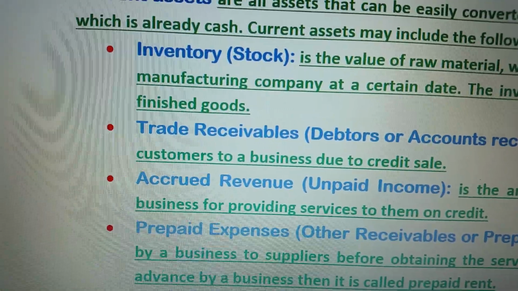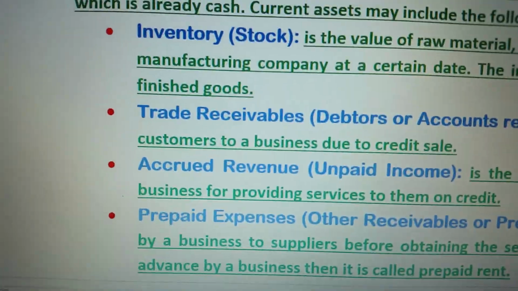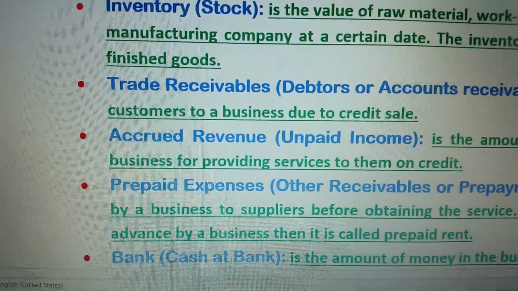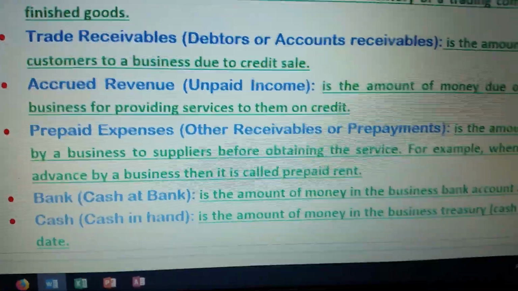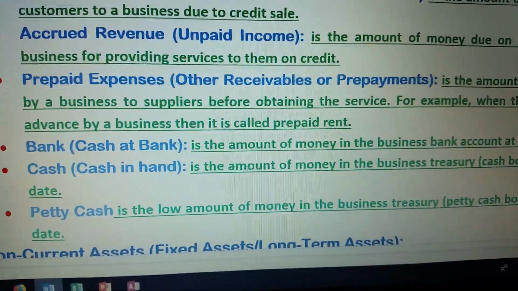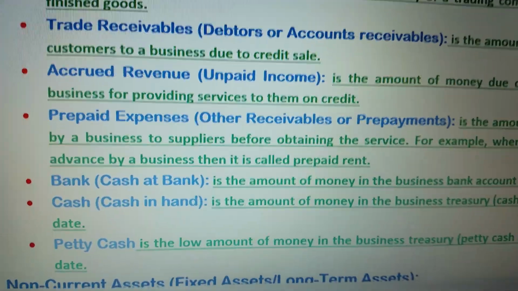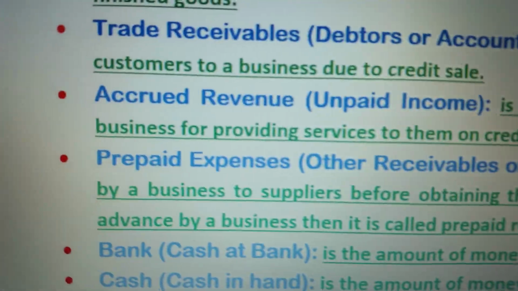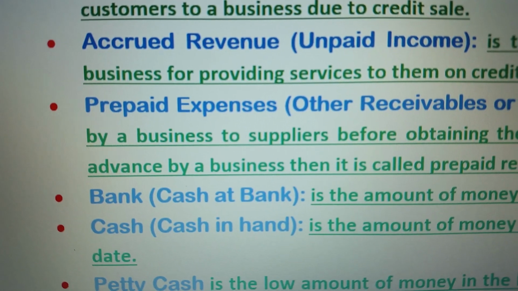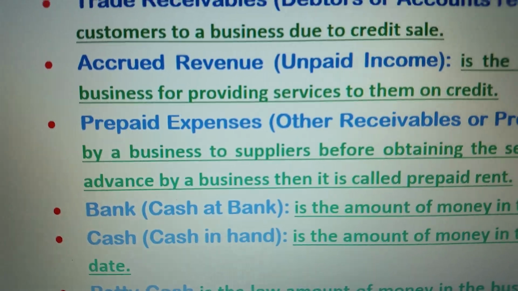Another example of the current assets is prepaid expenses. Prepaid expenses are also called other receivable or prepayment. If your business paid money to suppliers before obtaining these services, it's called prepaid expenses, and it's considered an item of your current assets.